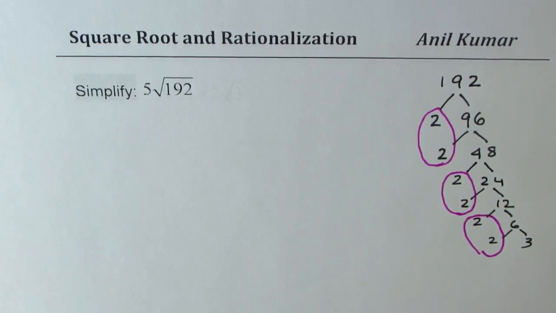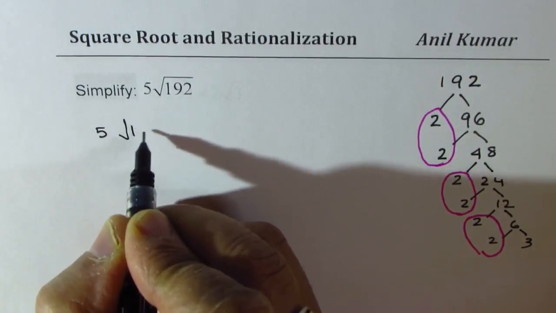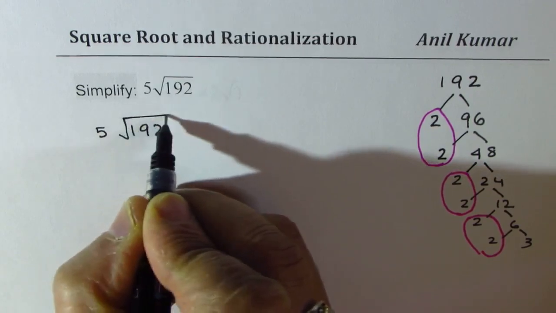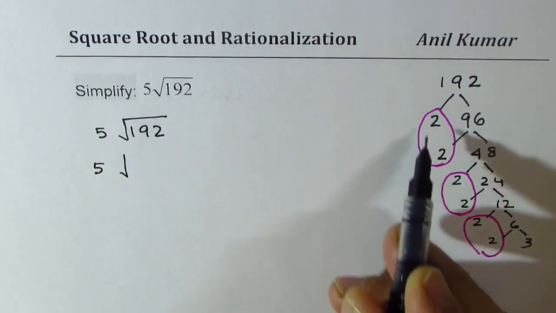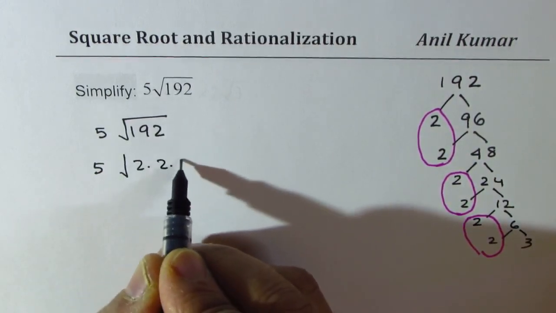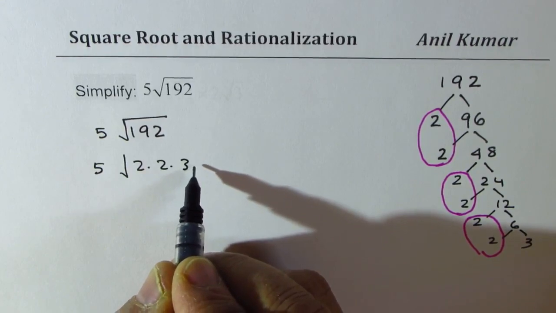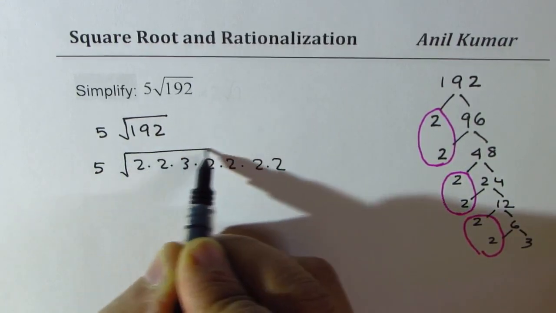So I could actually write 5 square root of 192 as equal to 5 times square root of, there are 6 of these 2's, times 3. So we get 1, 2, 3, 4, 5, 6.